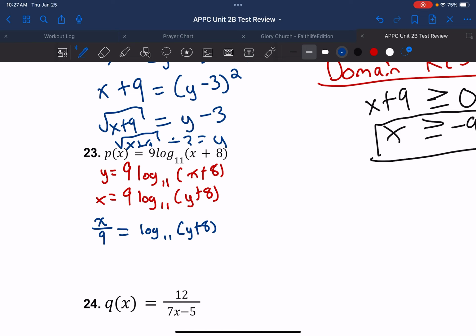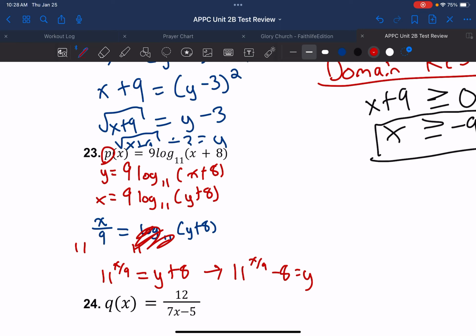Now to undo the log function, remember what I do is take the same base on both sides. So I do 11 as the base. On the left side, I'll end up with 11 to the x over 9 equals, this cancels out and the argument comes out, y plus 8. If I minus 8 on both sides, I end up with 11 to the x over 9 in the exponent, and then minus 8 equals y.